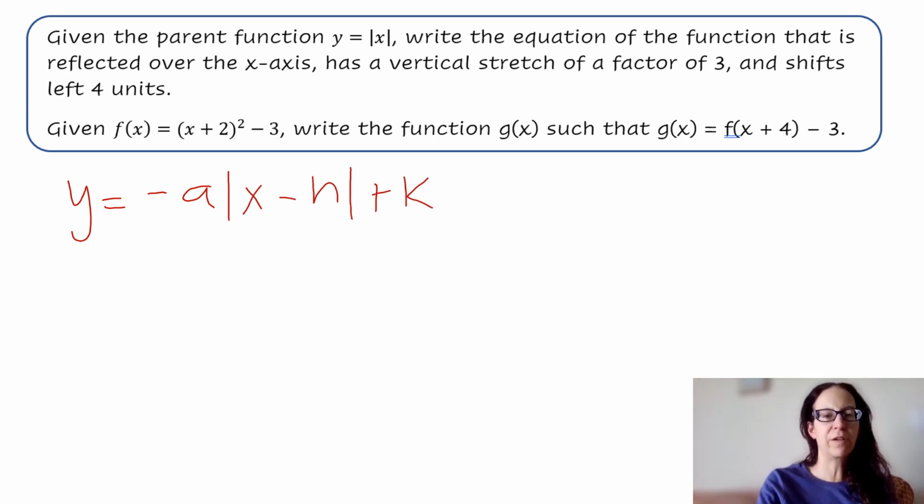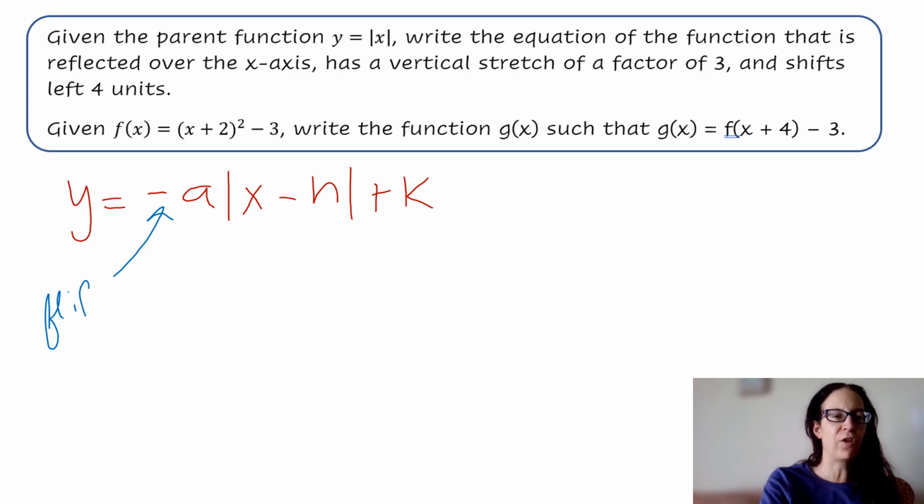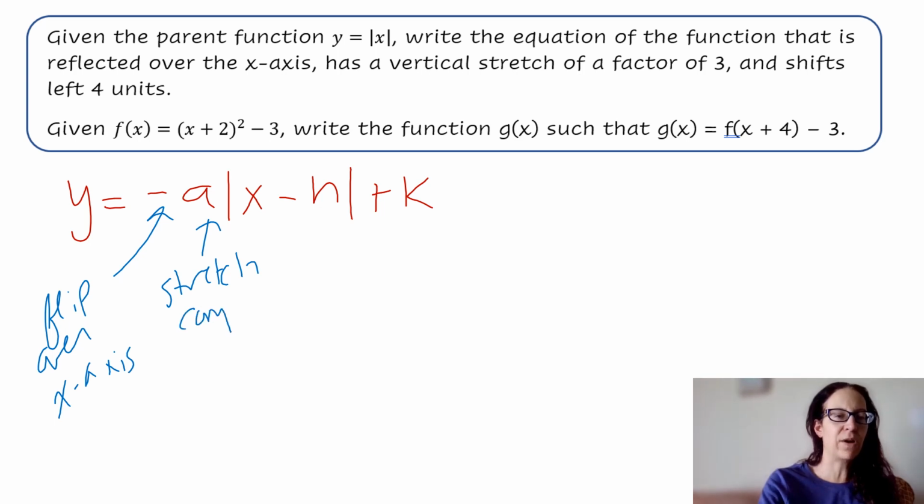template here, okay, and review quickly what these mean. A negative there is going to flip it over the x-axis. This is a stretch or a compress, and how you know the difference is if it is greater than 1, it's a stretch.